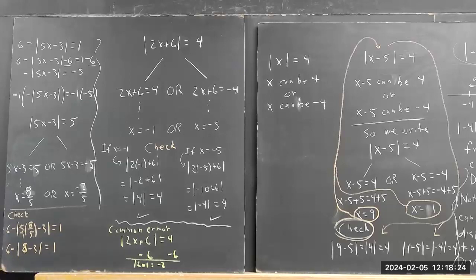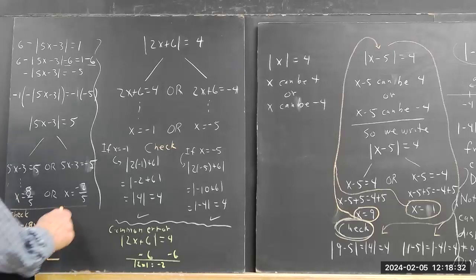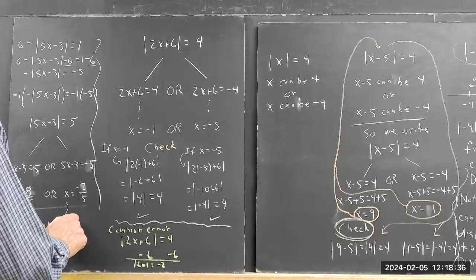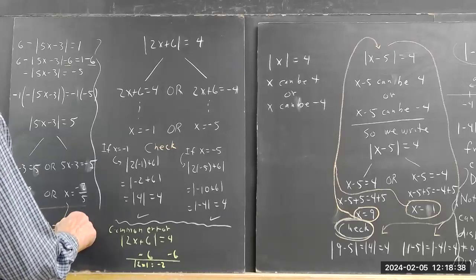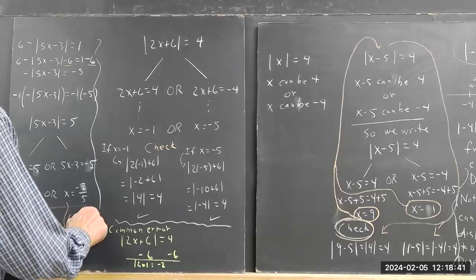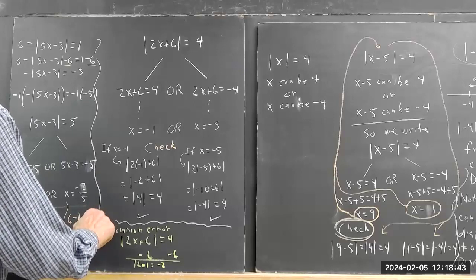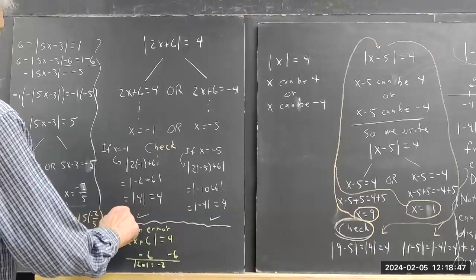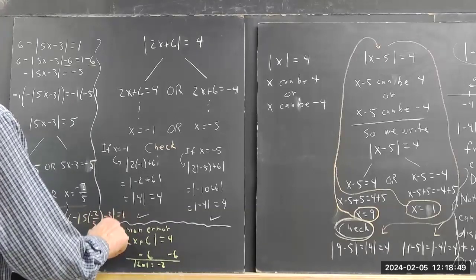And now if I do it, I get 6 minus 5 equals 1, which checks. And then I get 6 minus the absolute value of 5 times -2/5 minus 3 equals 1.